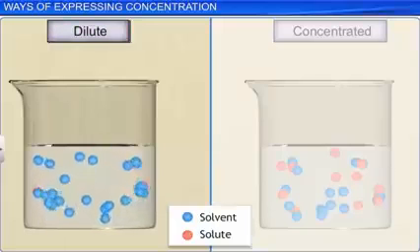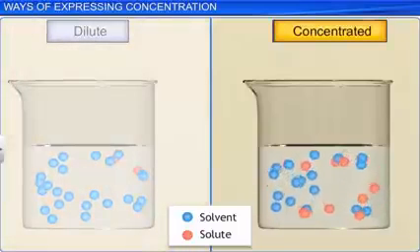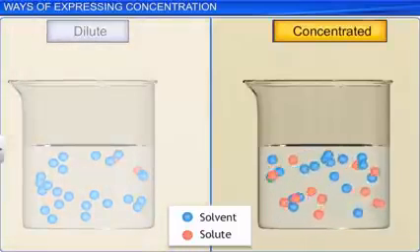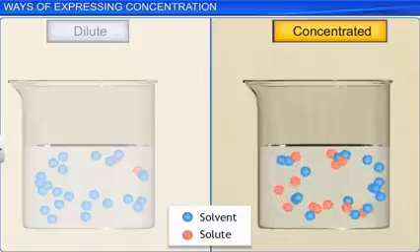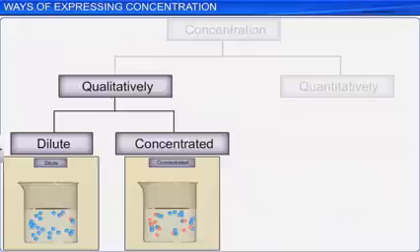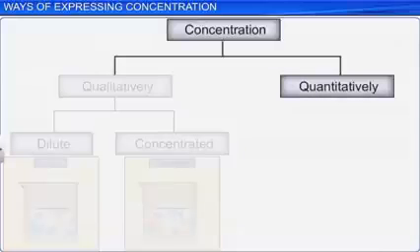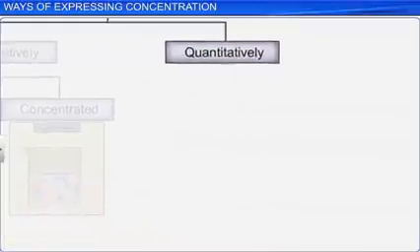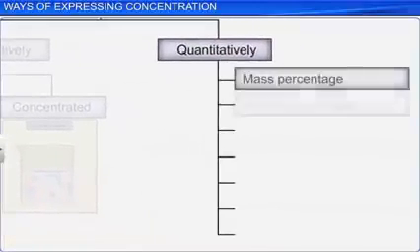On the other hand, a concentrated solution contains a large proportion of solute relative to the solvent. This qualitative means of describing concentration, although useful, sometimes leads to confusion, and thus arose the need for a quantitative description of solutions. Quantitatively, the concentration of a solution can be described in several ways.